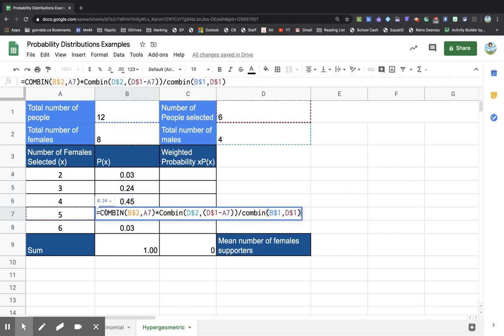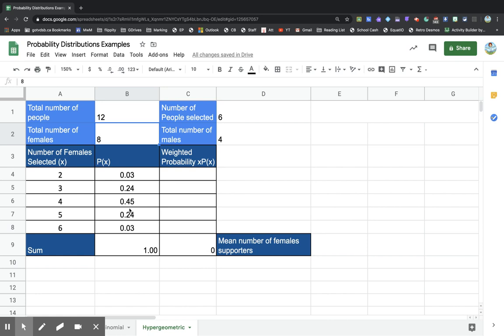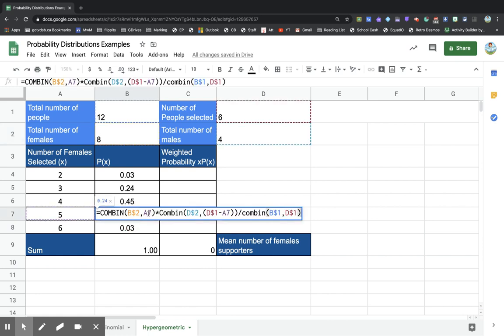So this first combinatorics was selecting our females. B2 again was the total number of females. A7 was 5, the particular number of females we were looking at in this row. So that was 8, choose 5. For my next one, we're looking at the number of ways I can choose the males.